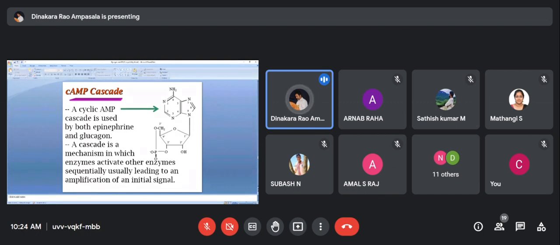So cyclic AMP, as we've seen, when ATP levels are there, when cyclic AMP is present, it interacts with many proteins.